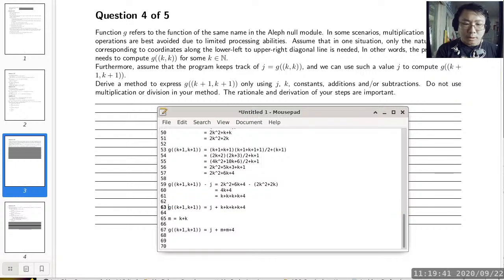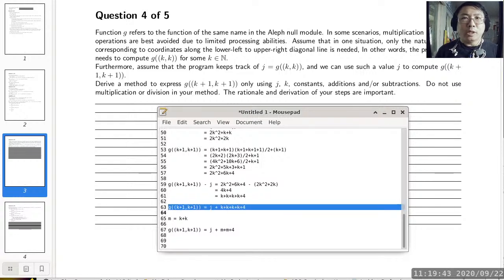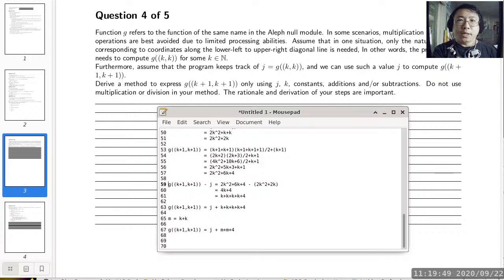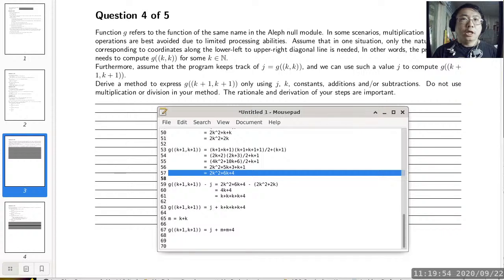But even this one, even though it is not fully optimized, is still way faster compared to computing g of k plus 1 using this particular form. Because this form has a k squared in it, and that is the one part where we need to use multiplication. And doing multiplication in software as a library is very, very slow compared to k plus k plus k plus k.